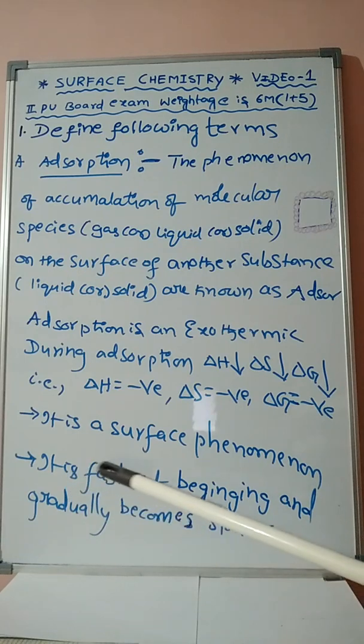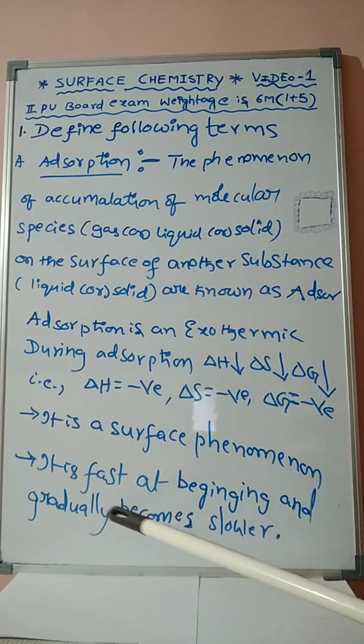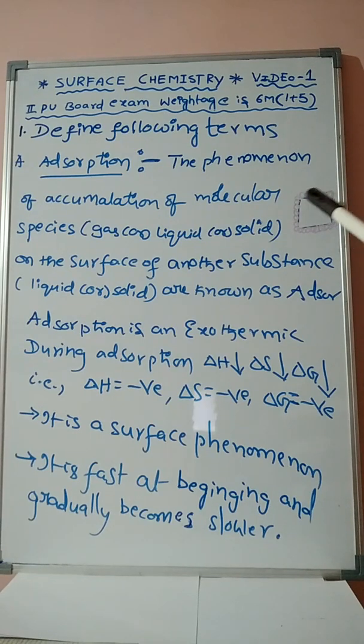Next, it is fast at the beginning and gradually becomes slower. Why? Because at the beginning so much space is available for adsorption, so much surface area is available. Hence, it is fast. But after some time, the total space is occupied by the molecular species.